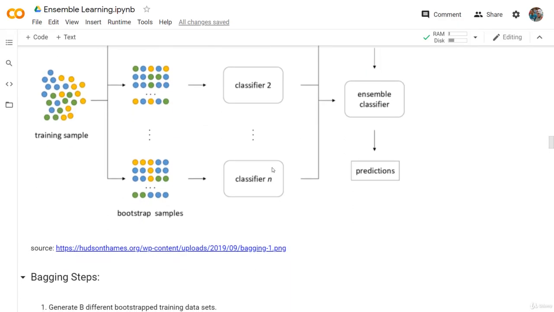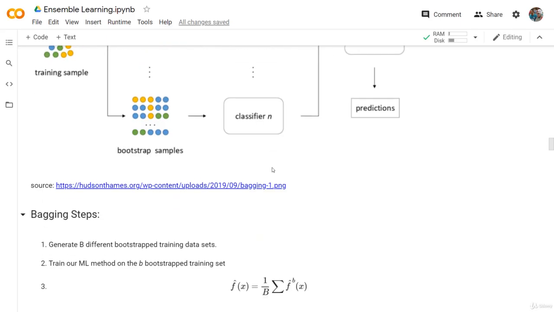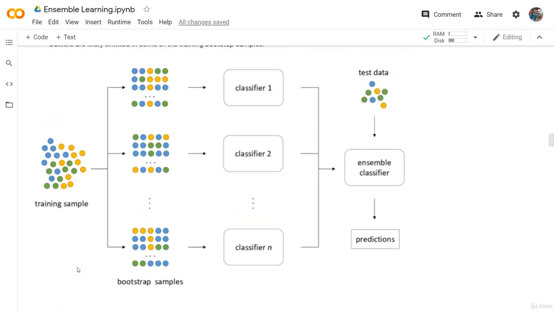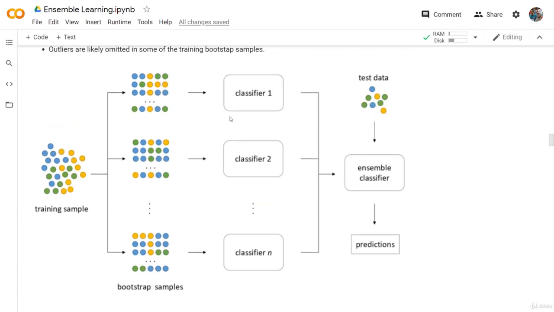Okay, so the algorithm steps are very simple. First, we generate B different bootstrap training datasets using the bootstrapping technique, and then we train our machine learning method on the B bootstrapped training sets. If you notice here, we didn't specify if this is a KNN, a decision tree, or a logistic regression, right?